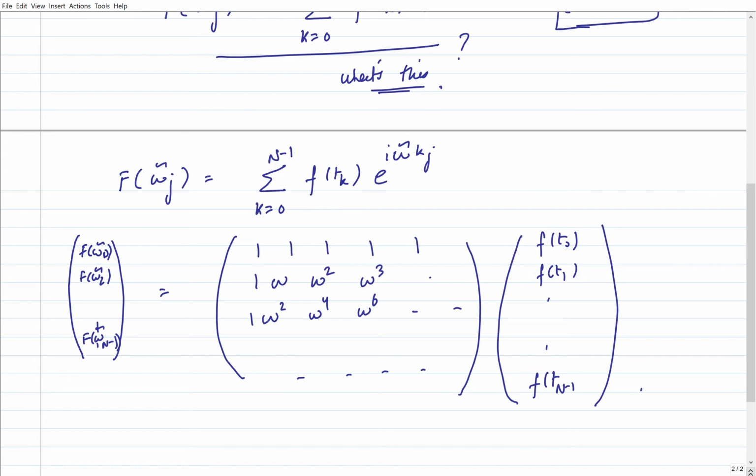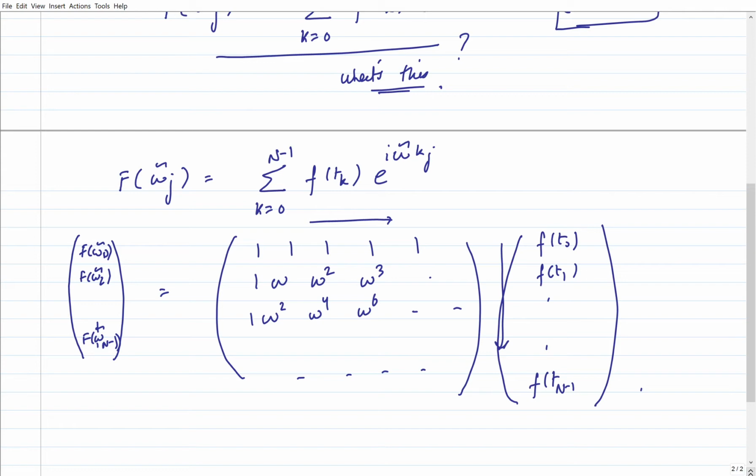Very good. Sorry, I meant when omega is 0, then I have all ones. Omega 0, this row multiplies with the column over here.